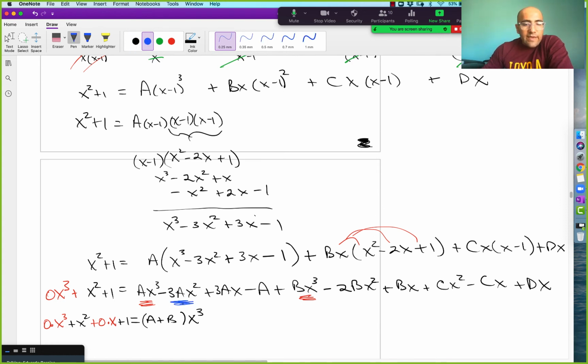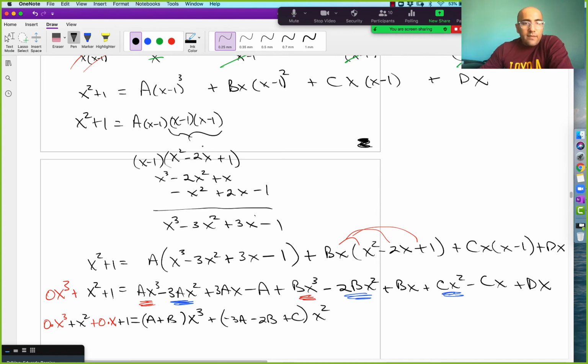Then all the ones that have x squared, like that one, and that one, and that one, that should be 1, 2, 3 of them. And I'll put a plus parentheses minus 3a minus 2b plus c x squared.